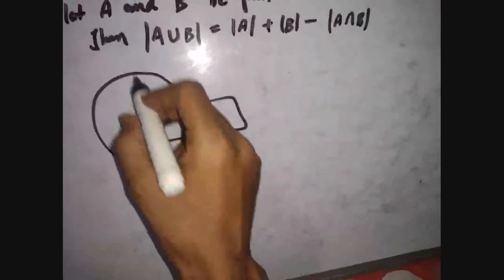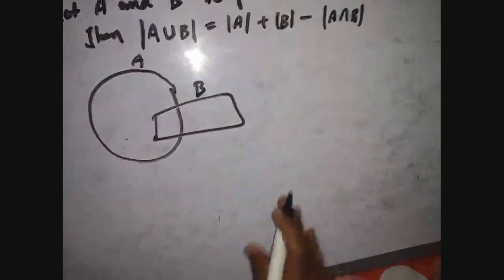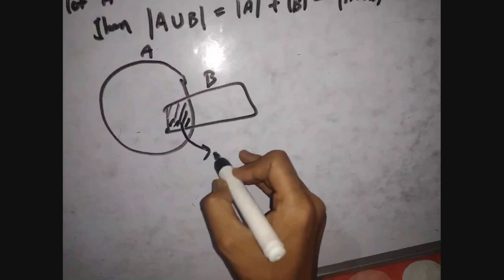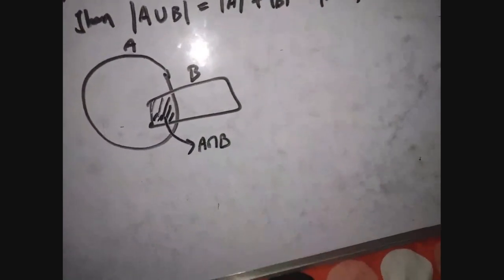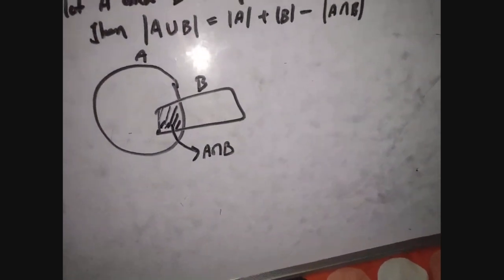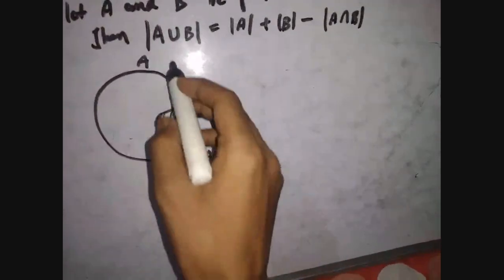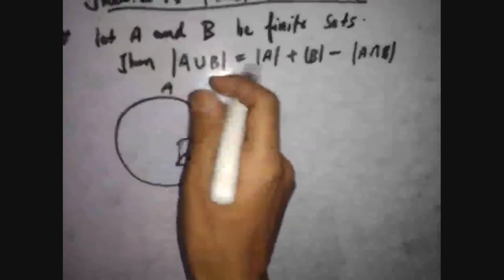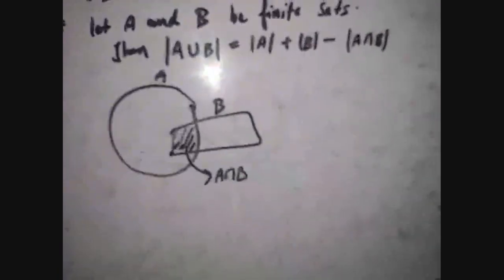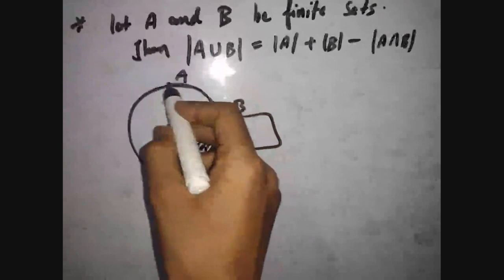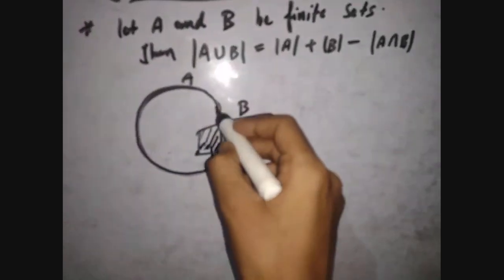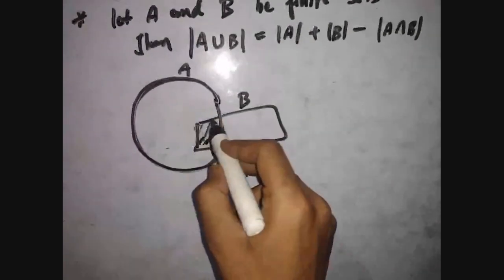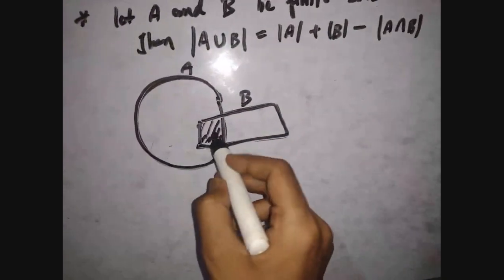So this is set A and this is set B. This is a common region that is defined as A intersection B. Now when we are counting the number of elements in A union B, that is the cardinality of A union B, we count A, so we counted this intersection once, and while counting B we counted this intersection twice.